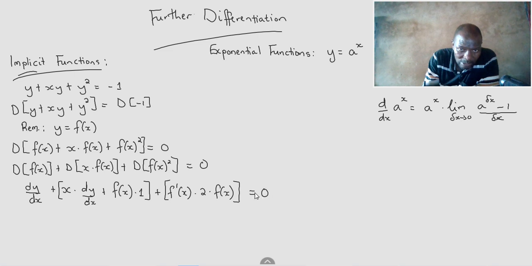and it's still equal to 0. Now, when you interpret, what does this mean here?